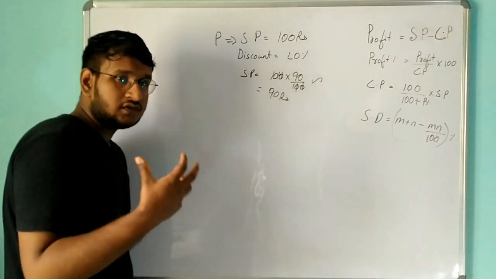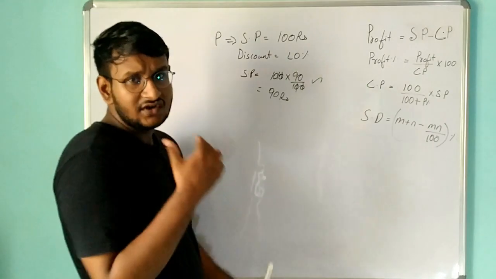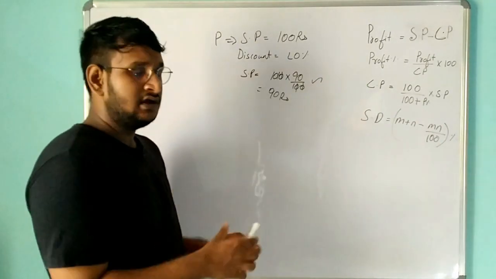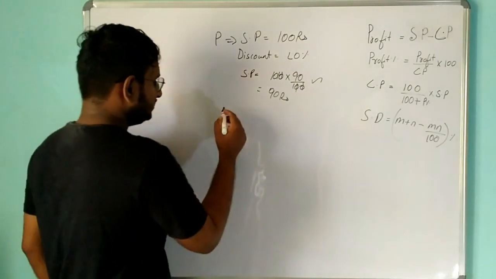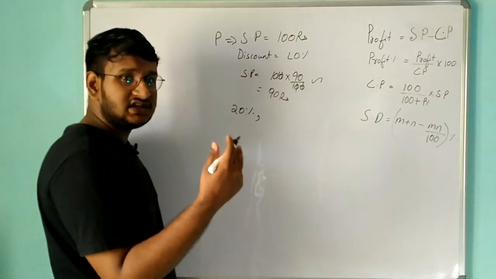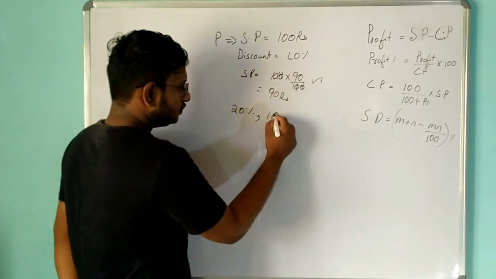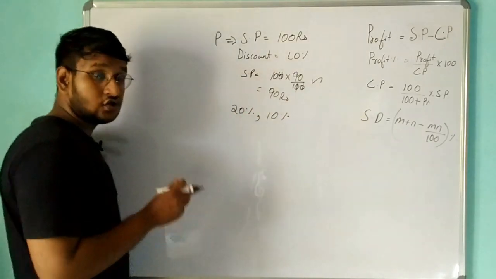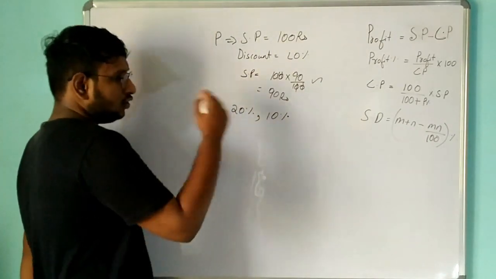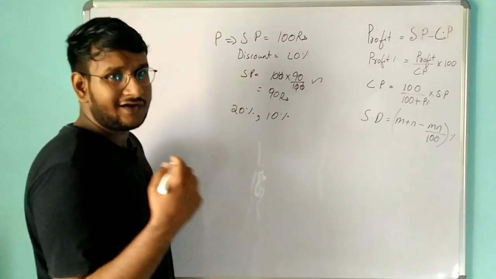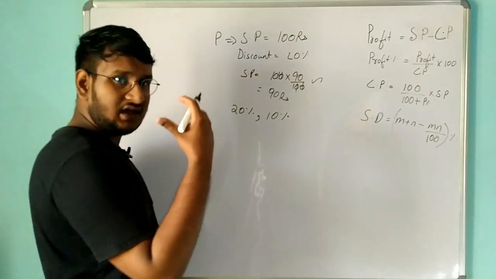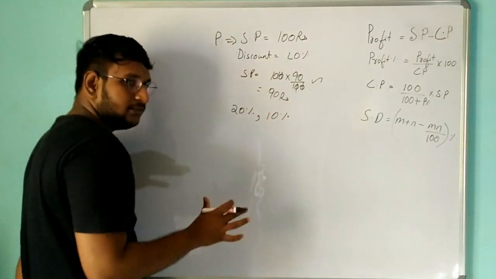But in some cases the seller will discount a particular product or service successively. For example, he will discount 20% first, then he will discount again 10%. In this case we need to find the single discount, the total discount we have got from the two discounts of 20 and 10%.